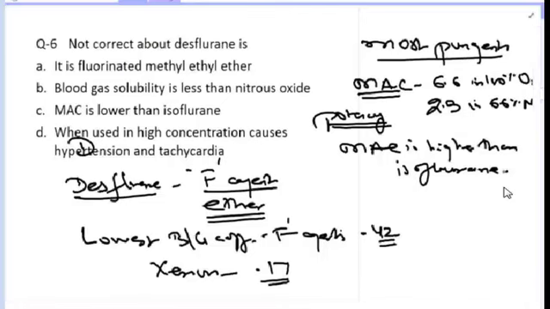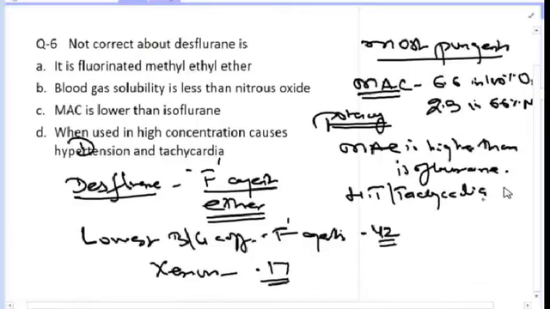And higher the MAC means weak anesthetic agent. Lower the MAC means potent anesthetic agent. So in comparison to isoflurane, it is a weak anesthetic agent. Now, sudden increase in desflurane concentration causes hypertension and tachycardia.